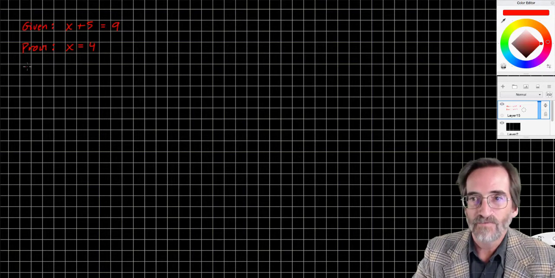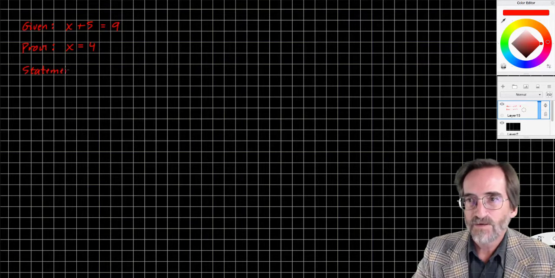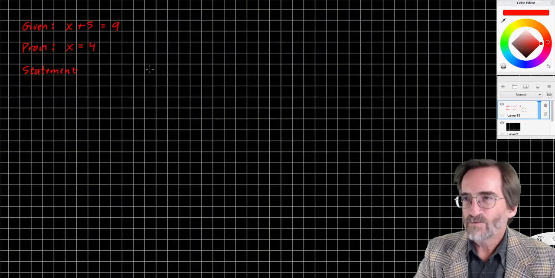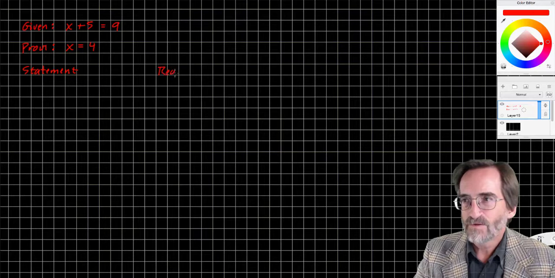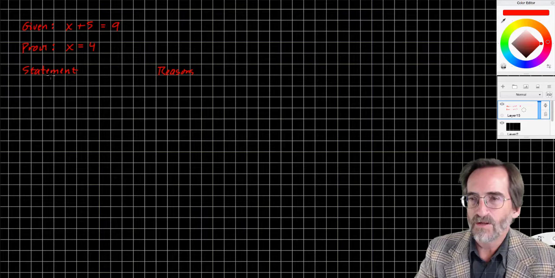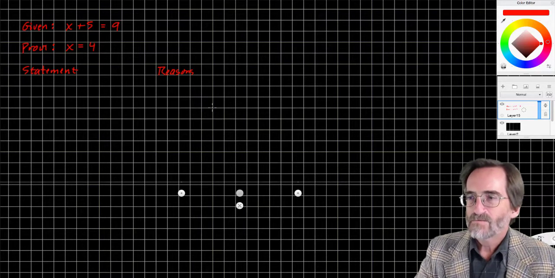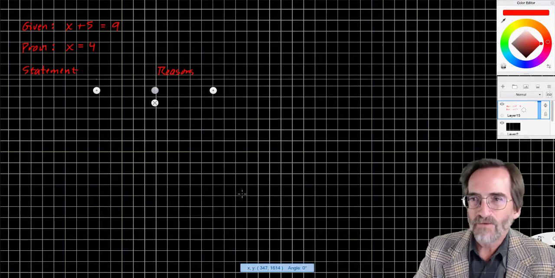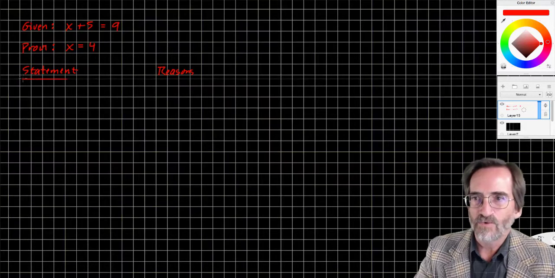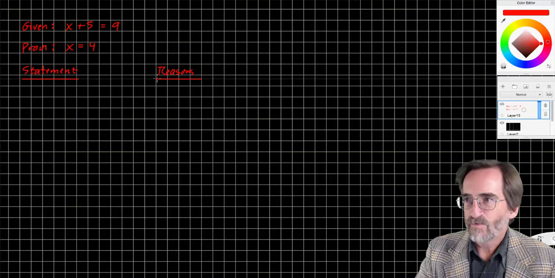The left-hand column is for statements, and the right-hand column is for rules or reasons. What allows the thing that we're saying? Every statement must be justified with a rule that says it's true.